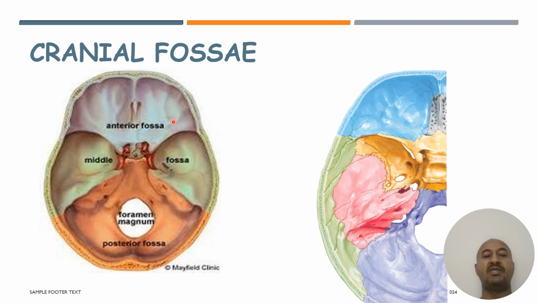Here, this is the site of the frontal lobe. Here, this is the site of the temporal lobe, and here, this is the site of the cerebellum and brain stem, and on top of the tentorium cerebelli, you have the occipital lobe. Each of these fossae has distinct features and foramina, as you see here, lots of foramina, through which critical structures pass.